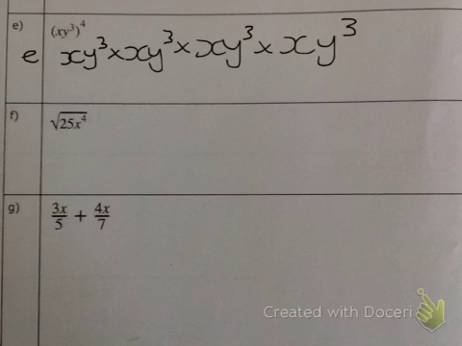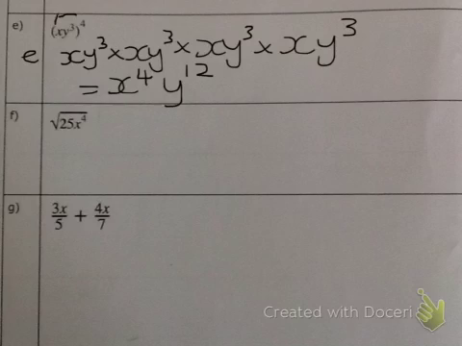So we've got x to the power of 4. And then when we're multiplying bases with powers, we add the powers. So 3 and 3 is 6, and 3 is 9, and 3 is 12, x4, y12. A quicker way to do that is to just work with the x, and it's going to be x to the power of 4, and then y cubed to the power of 4 is going to be y12.